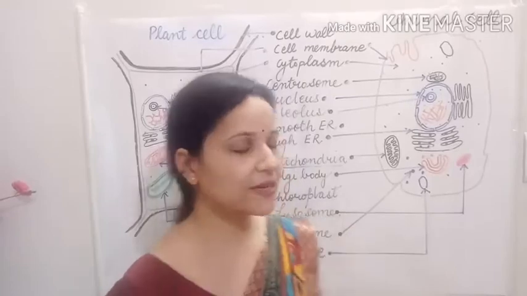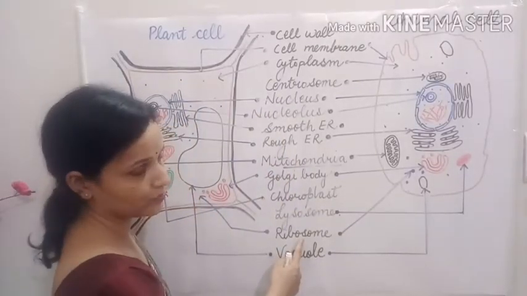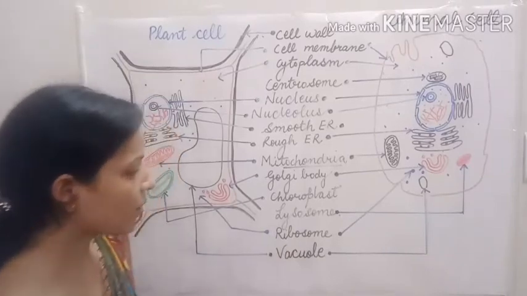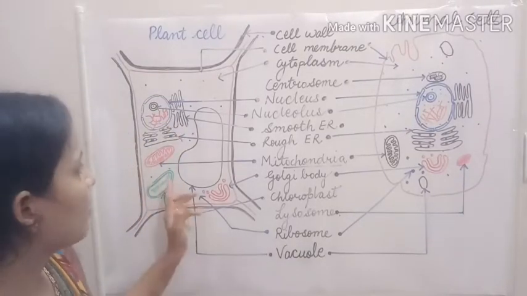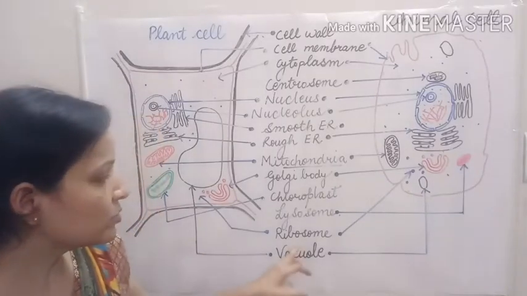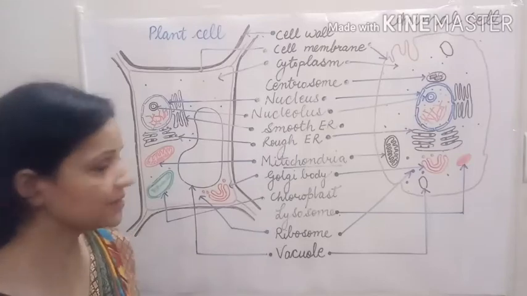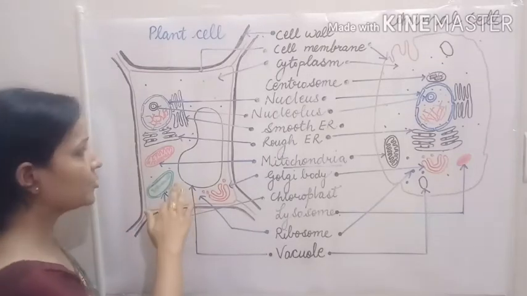Now we will discuss the next cell organelle, that is ribosomes. Ribosomes are also found in both plant cell and animal cell. Ribosomes are granules, or we can say particles, that occur in the cytoplasm.